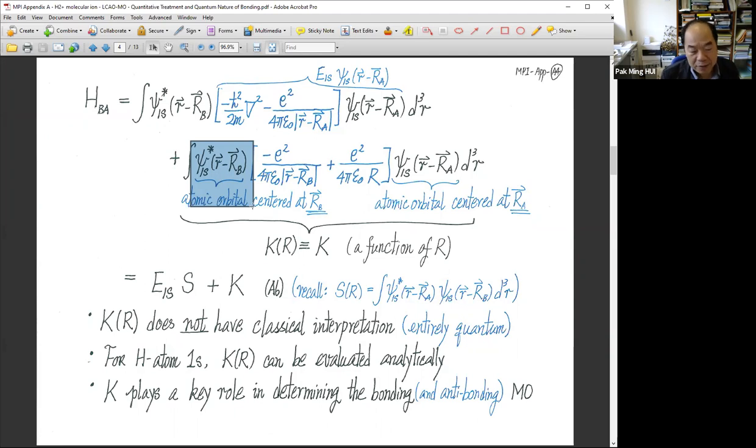The point is, this K integral, also called the exchange integral, is entirely quantum. That's the whole point, okay? Just like what we met in the helium atom, in the excited state discussion.